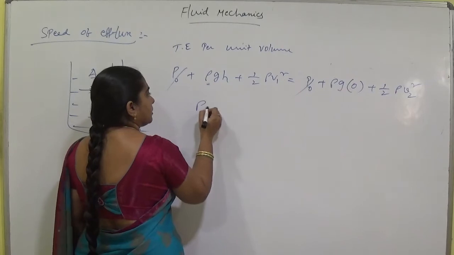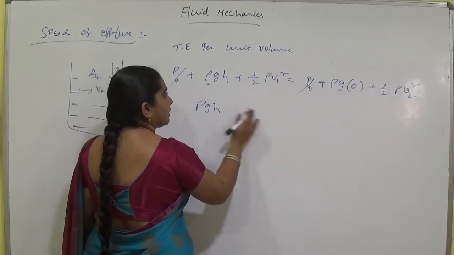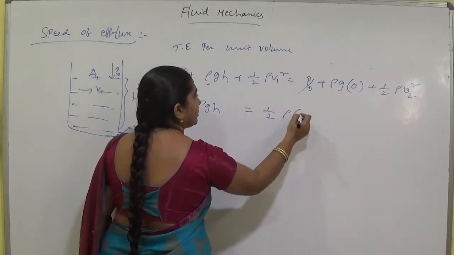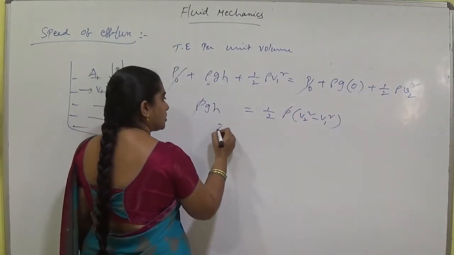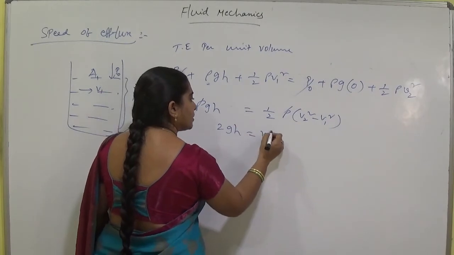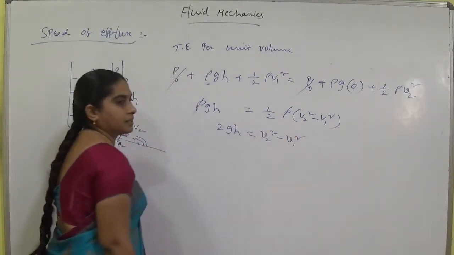P0 cancels. Rho g h is equal to half rho into v2 square minus v1 square. Rho cancels. 2gh is equal to v2 square minus v1 square.